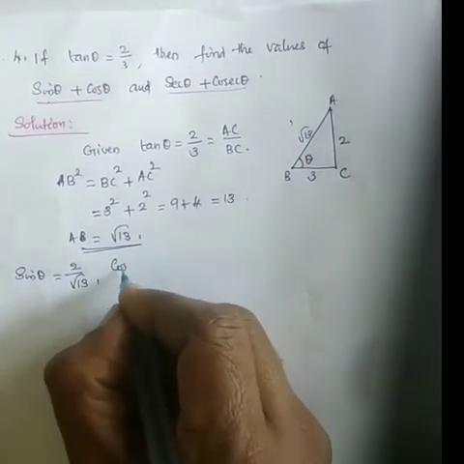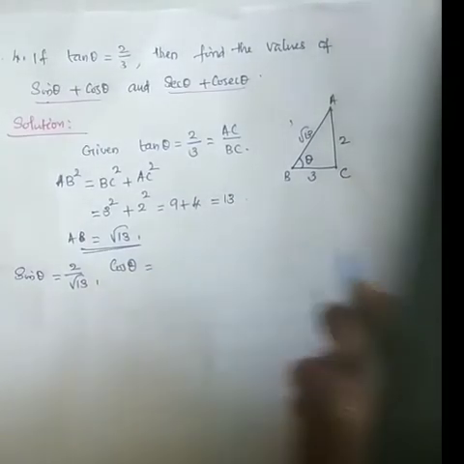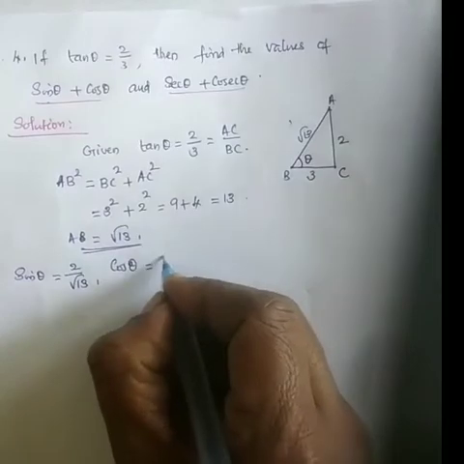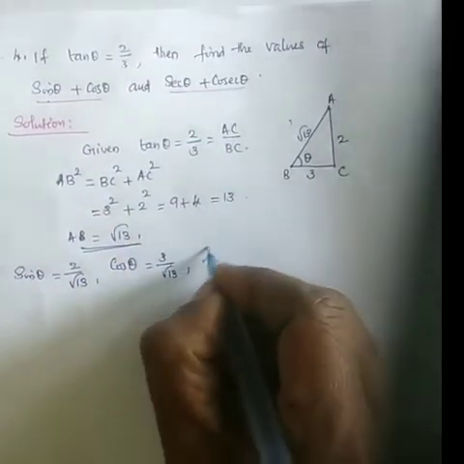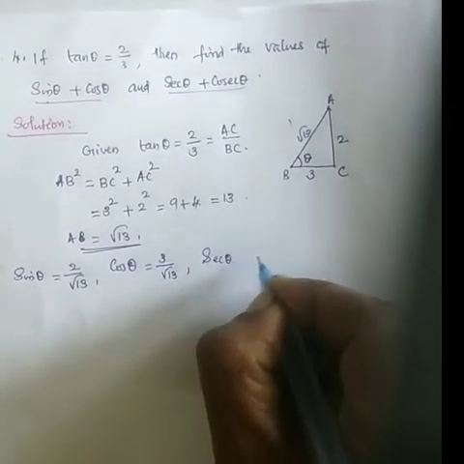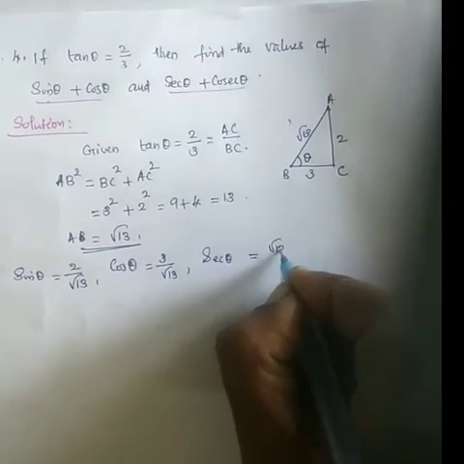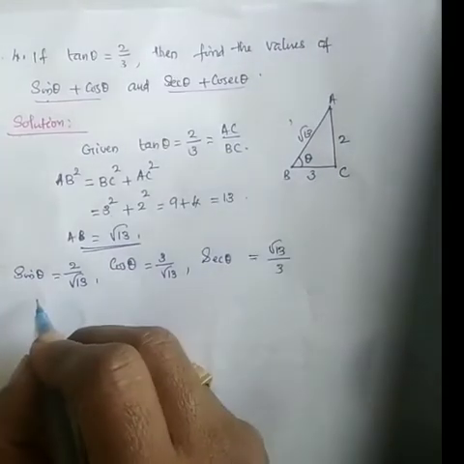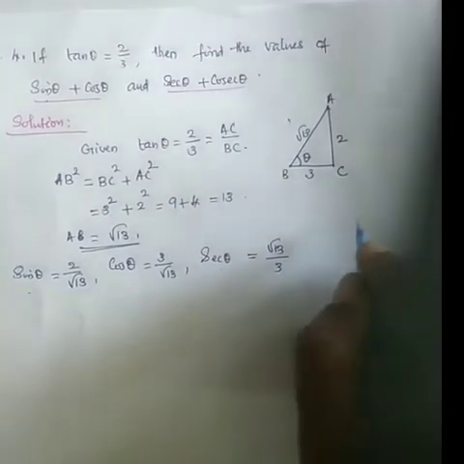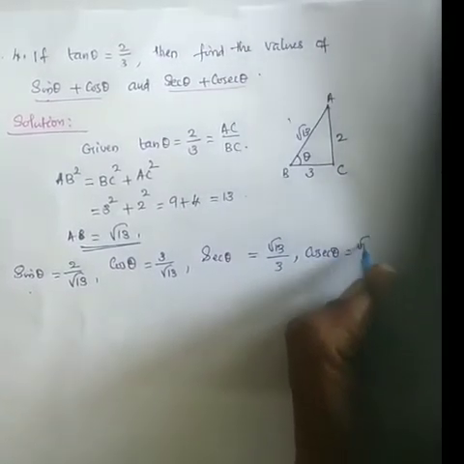Cos theta is adjacent side by hypotenuse. Here it is 3 by root 13. Sec theta is root 13 by 3. Sec theta is 1 by cos theta. Similarly, cosec theta is 1 by sin theta. That is cosec theta equal to root 13 by 2.